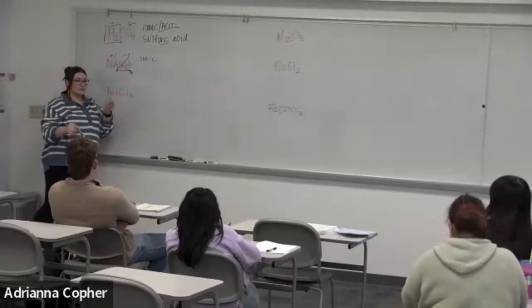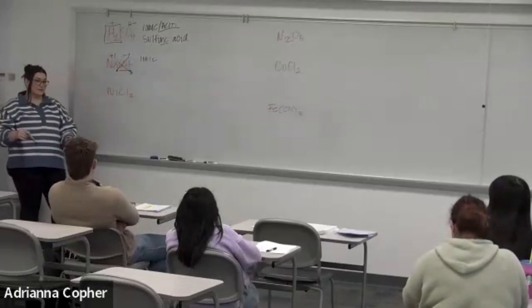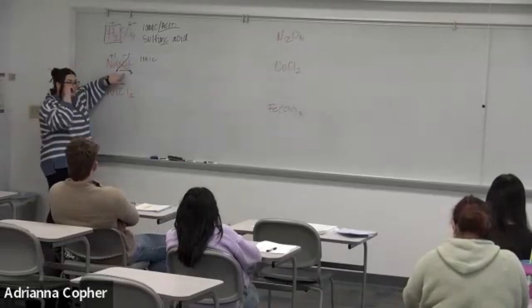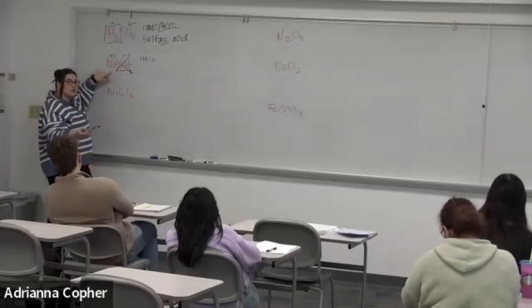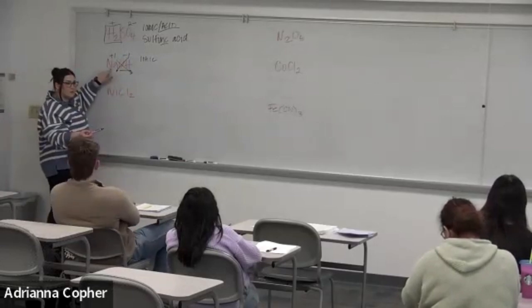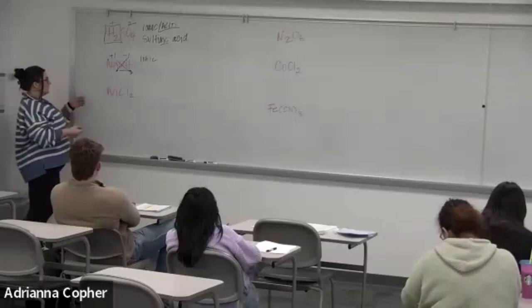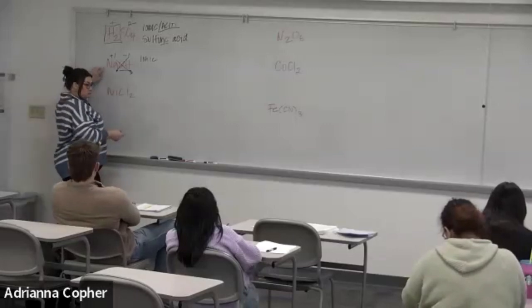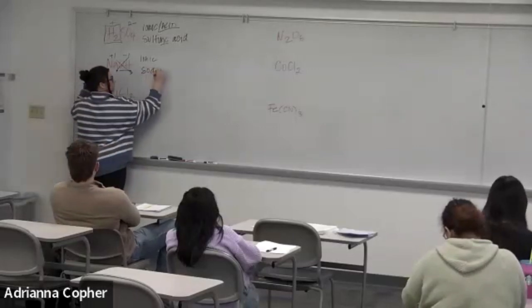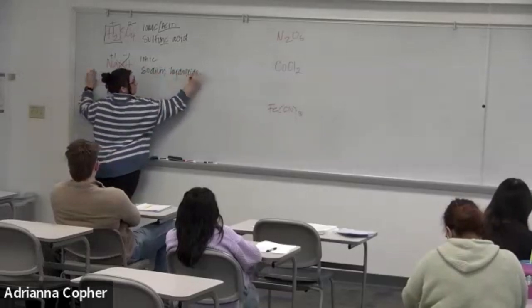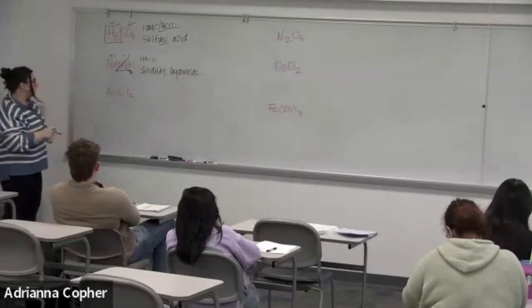So without even knowing hydroxide's charge, without even memorizing, I can know what it is. That's what I was talking about earlier. If I have only 1 hydroxide and I have 1 sodium, that means their charges have to be the same. I know sodium's charge, i.e., I know hydroxide. Okay. So let's name it. Tell me what's in it.